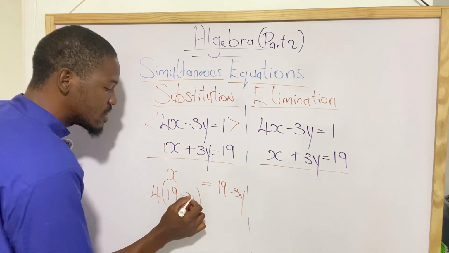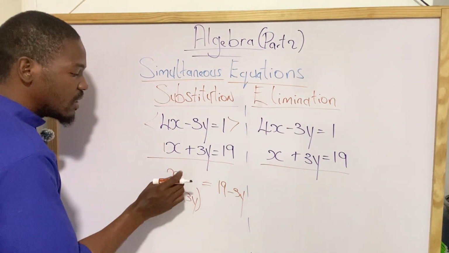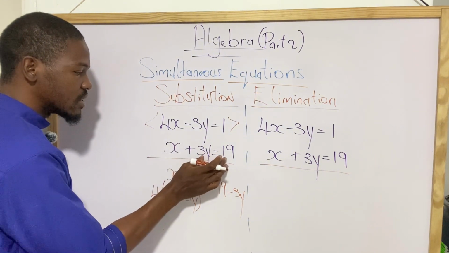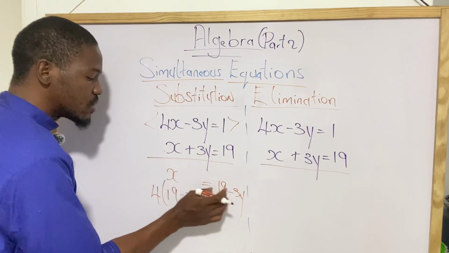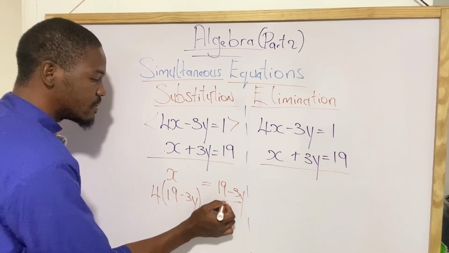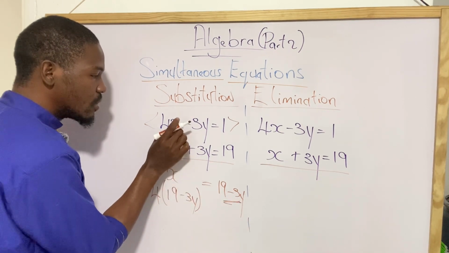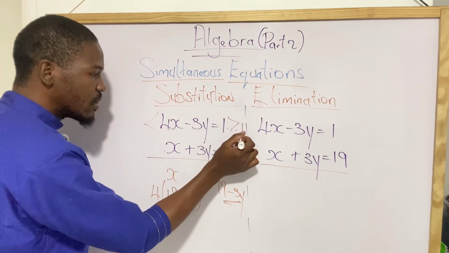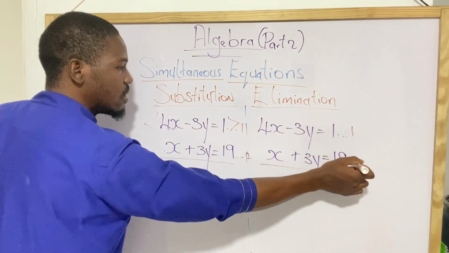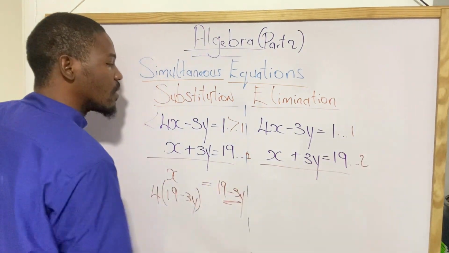So what we are saying right here is that this x, we just solved for x. And in solving for x, we're going to sub this value of x right here into equation 1. So this is equation 1 and this is equation 2. Equation 1, equation 2, right?